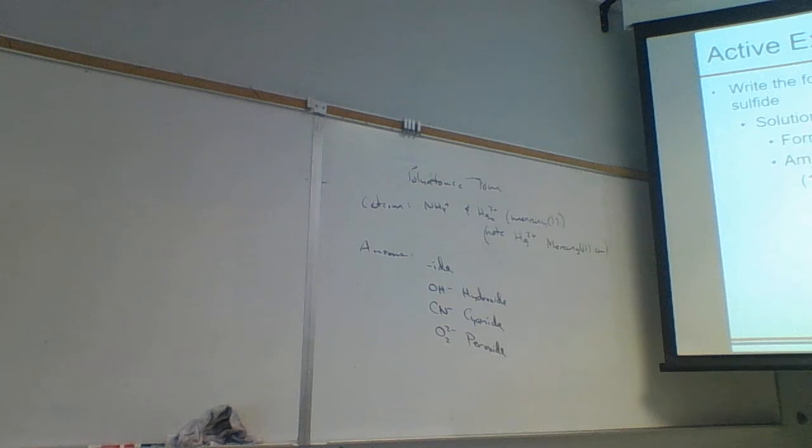Just raw memorization. So the ones from the periodic table, this just helps cut down the amount of memorization you have to do because there's a certain pattern with the ates.